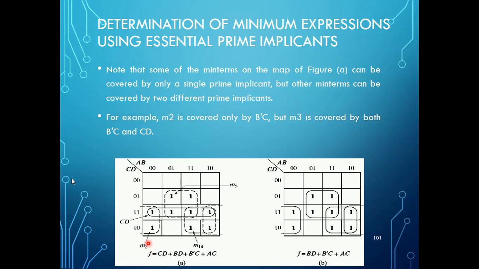So let us see it is B bar C and CD and all. I'll plot that here. If you're writing the expression, this is actually the encircled quad. Here is BD. Next you have this quad, that is AC.